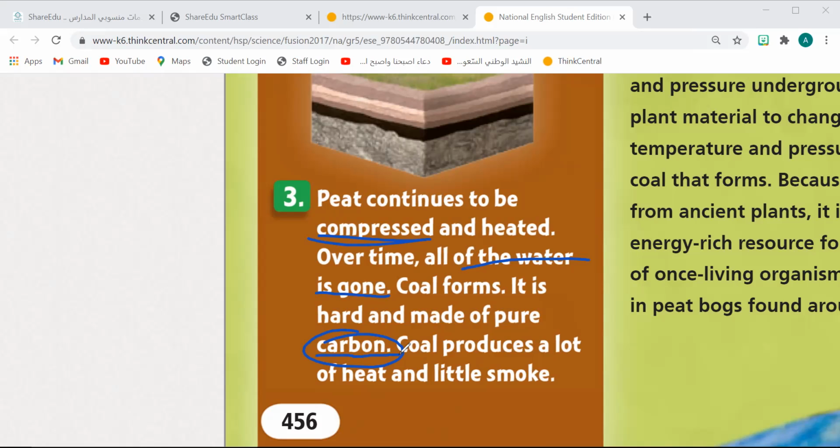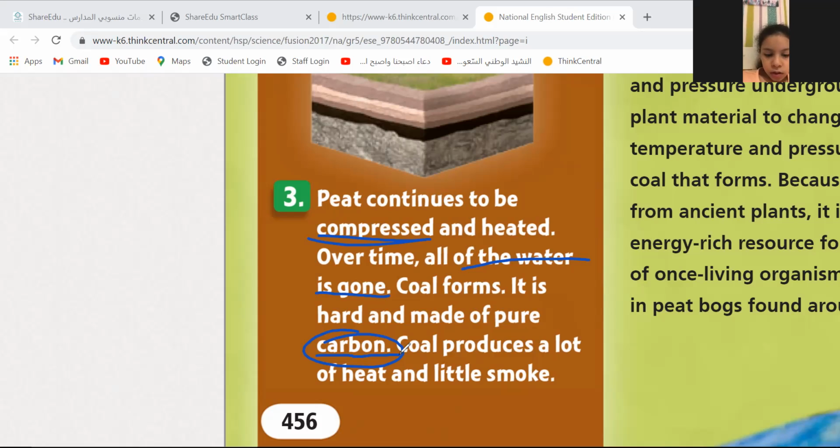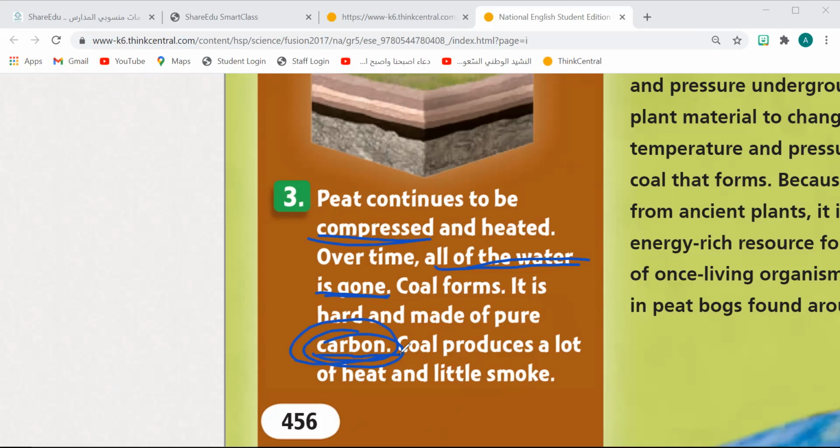So in the peat stage, it is not coal. Now, what does it need to be coal? All the water must be gone, and then it has to be hard, and it has to be pure carbon.